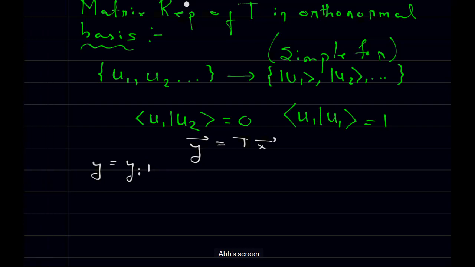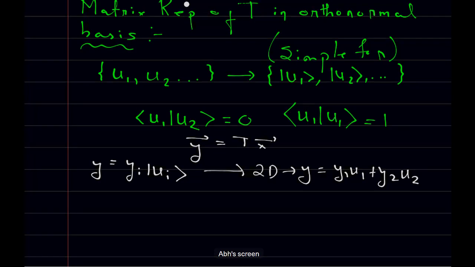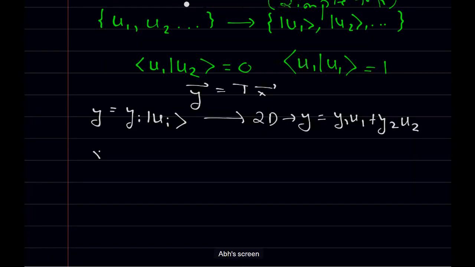If we are dealing with a 2D case, then y equals y1 u1 plus y2 u2. So y can be written in this way. Now x can also be written as x_i u_i. Remember, x and y belong to the same vector space, and we are using a basis in the vector space, so I can write y in the basis and x in the basis, the trivial thing.